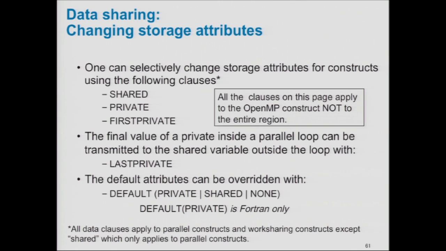And you can override the default attributes by setting the default to private or shared or none, but you can only do default private in Fortran. You can't do it in C and C++. And that has to do with the issues of pointers and things like that in C++, making it very difficult to make everything private by default.